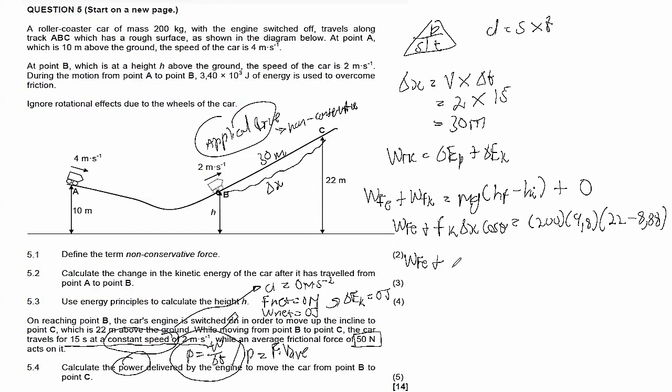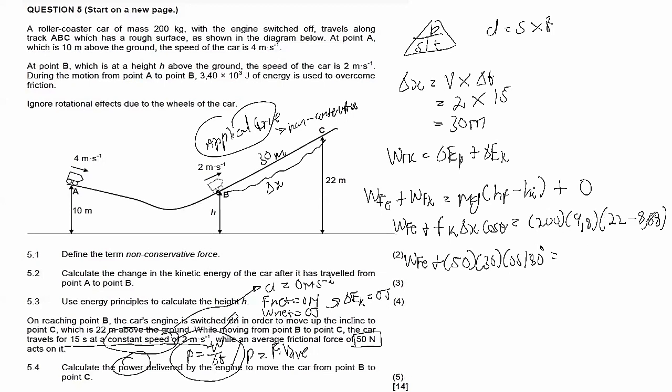Then let's substitute our Fk, we had 50, and our delta x we calculated is 30. Then cos 180 degrees, because the kinetic frictional force will always oppose the direction of the displacement.